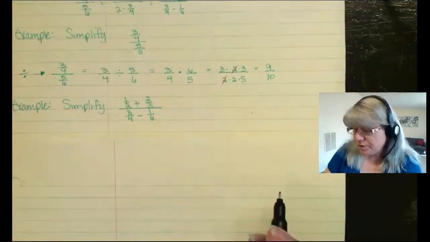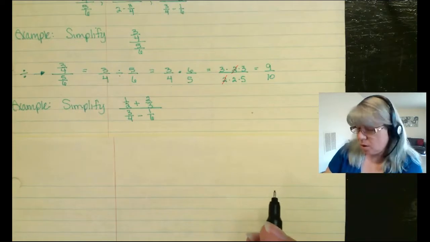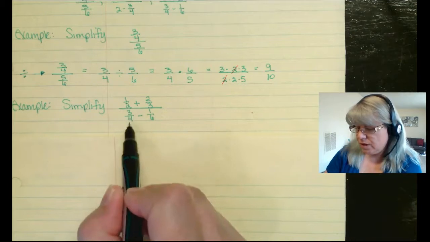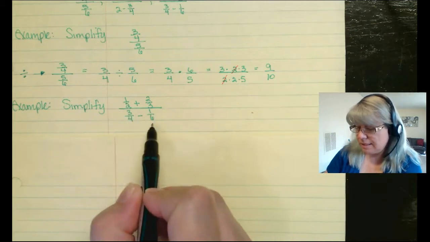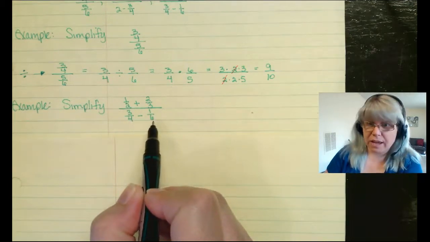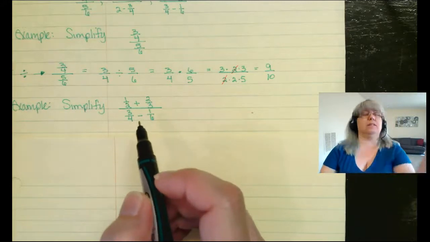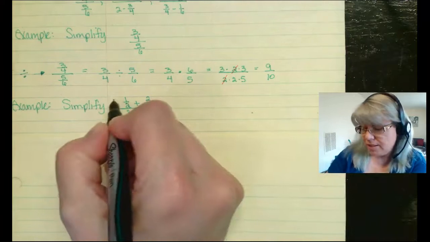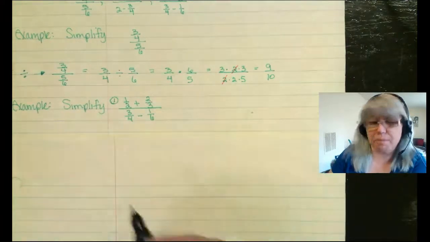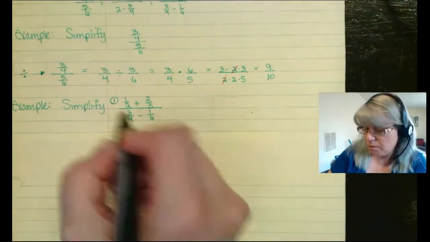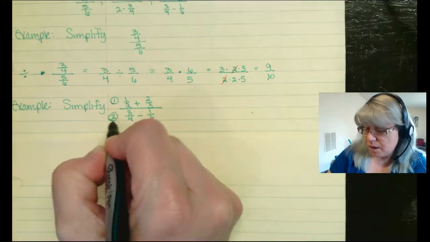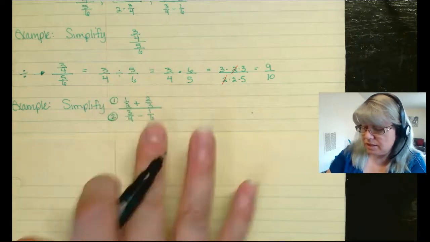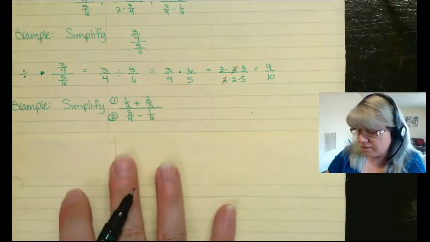All right, let's go for a little bit bigger problem. 1/2 plus 2/3 all over 3/4 minus 1/6. What I find is the easiest way to solve a complex fractional problem is to treat the top as an individual problem and treat the bottom as an individual problem. All right, so let's deal with the numerator of our complex fraction.